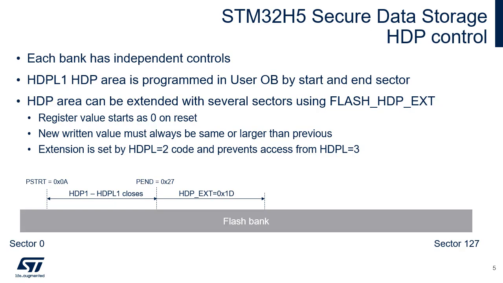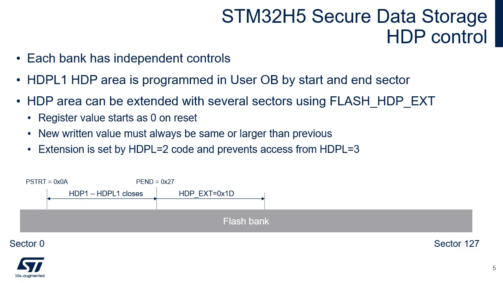Secure hide protection, or HDP, is controlled by hide protection levels, or HDPL, used for Arm Platform Security Architecture, or PSA. 3 levels are available to facilitate secure boot process stage isolation. Each level increase blocks access to the lower levels, which only become available again on next reboot. The same mechanism works on a smaller scale in a dedicated key storage mechanism called the OBK.